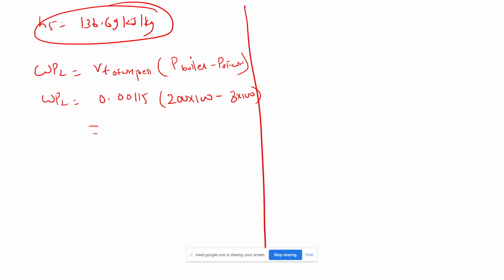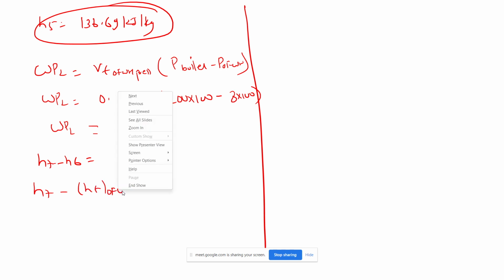The pump work 2 value we get is 22.08, or 0.221 kilojoule per kg. This is H7 minus H6, where H6 is HF at the open feed water heater.